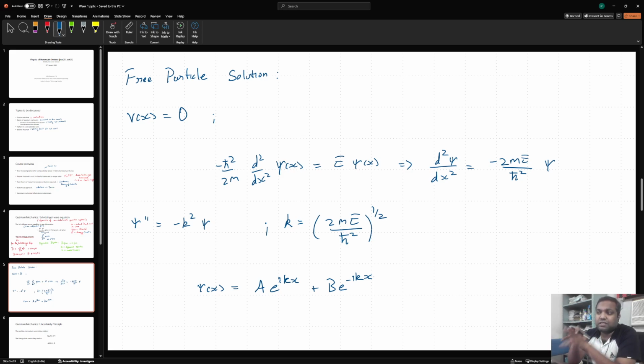But for my own reasons, I'm choosing to write it like this. One can easily see that since e to the power i kx can be written as cos kx plus i sin kx, it is possible to rearrange these terms and write it as sin kx plus cos kx also. So this is the general free particle solution for the wave function.